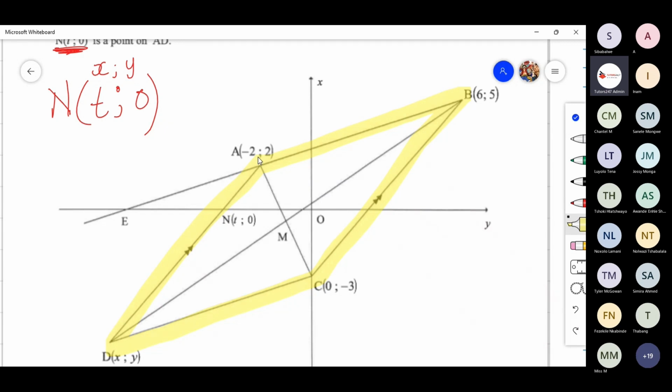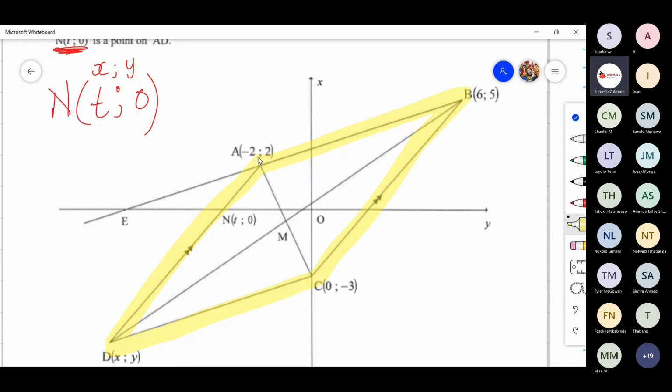You don't have to prove all the properties. You just have to prove one of them. So because we already dealt with parallel lines, I'm going to use the parallel lines property. So let's look at AB. Something important to take note of: because they've already stated that AD is parallel to BC, don't just go repeat it.